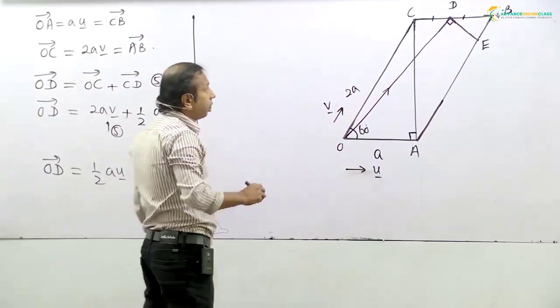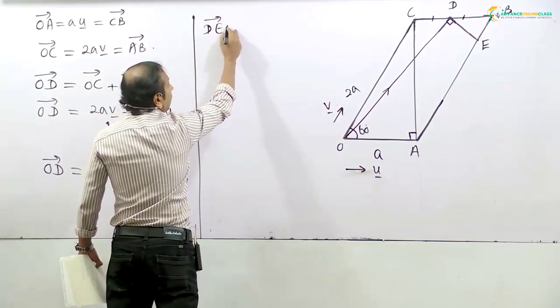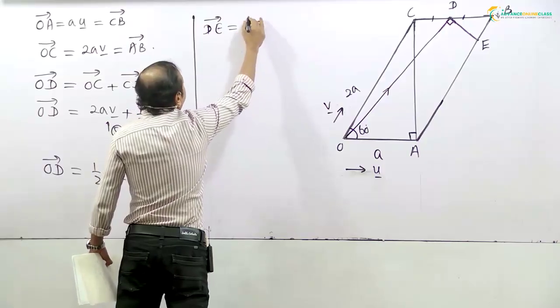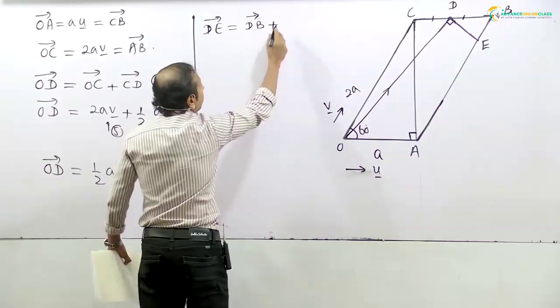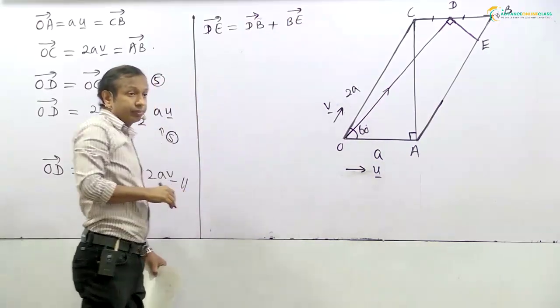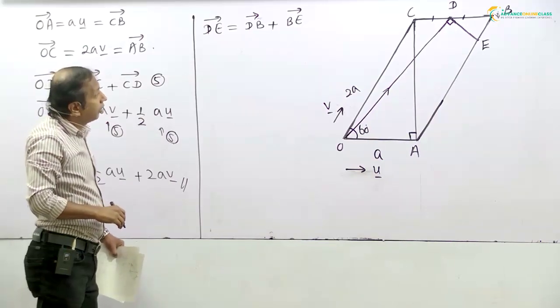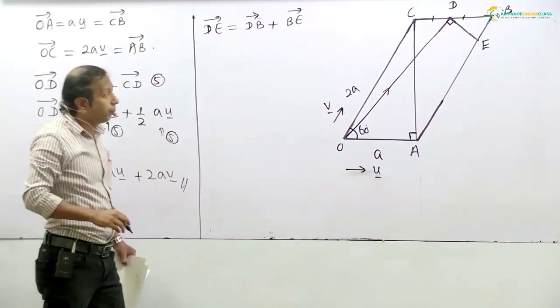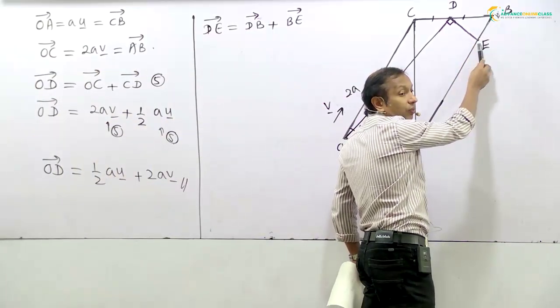DE vector I can write like this. Look at this. DB plus BE. Am I correct? DE vector, we can write DB plus BE. This BE vector, you can write how?